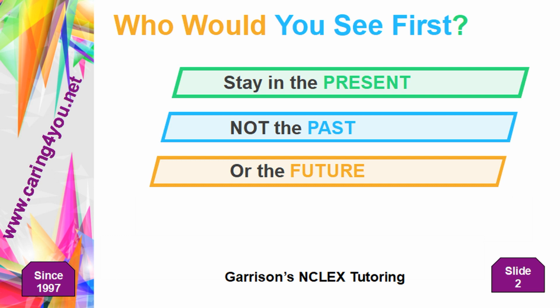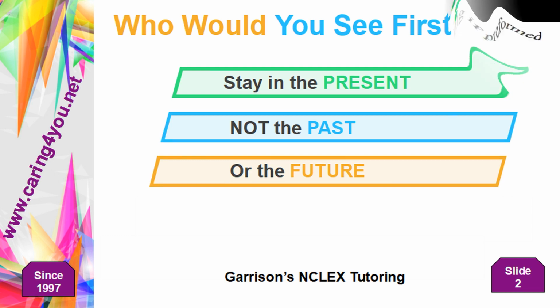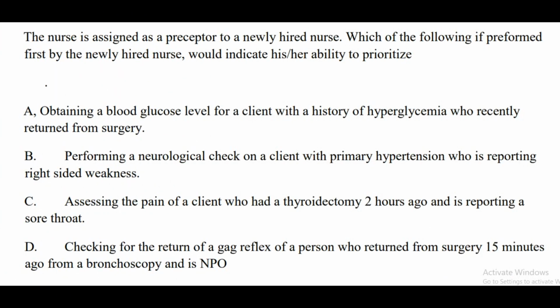Now let's take a look at an actual NCLEX question that I wrote and see how this strategy works in action. The nurse is assigned as a preceptor to a newly hired nurse.